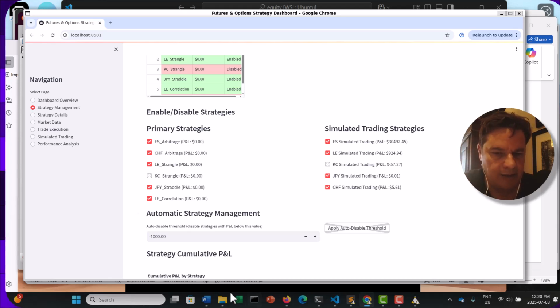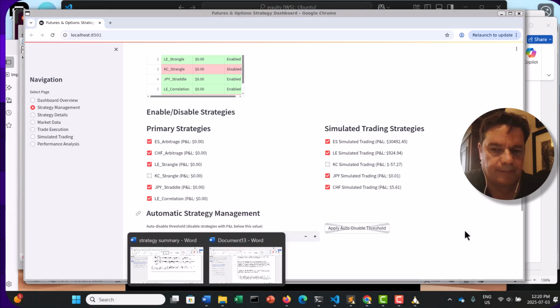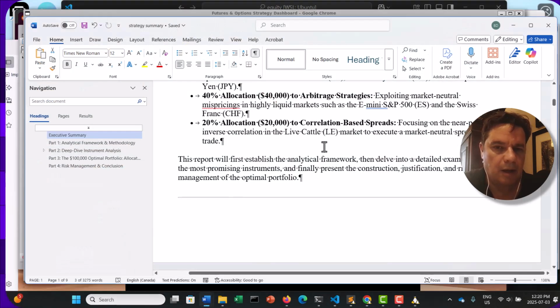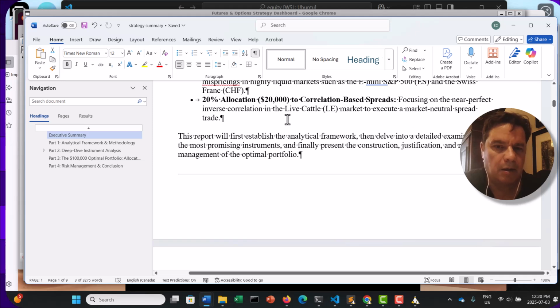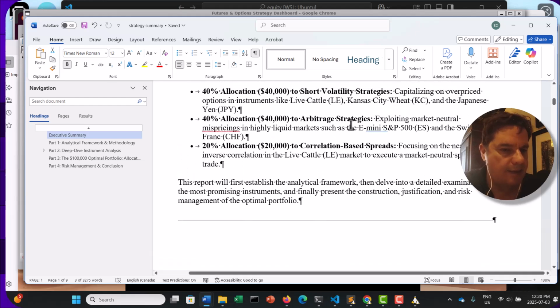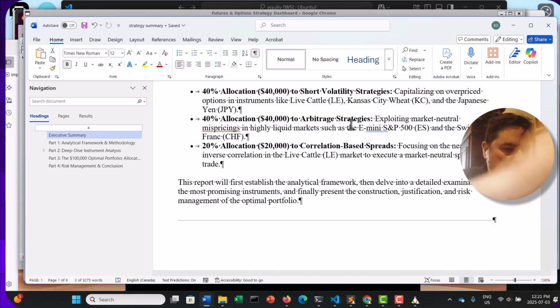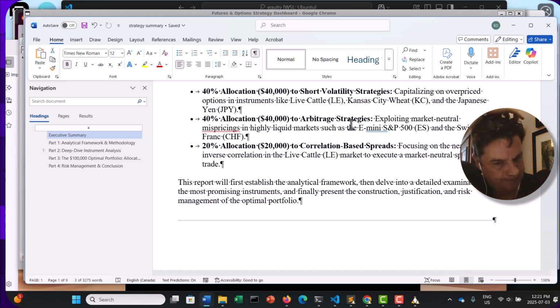If I'm going to allocate, let's say 100 grand right here, and I know I'm going to get that through just trading ES, then what I can do is say, take all the available portfolio and trade in the ES only, and add that as a new request to my AI prompting to have that new feature in.